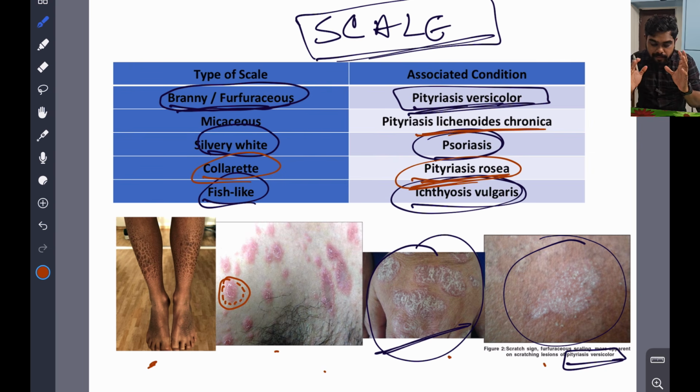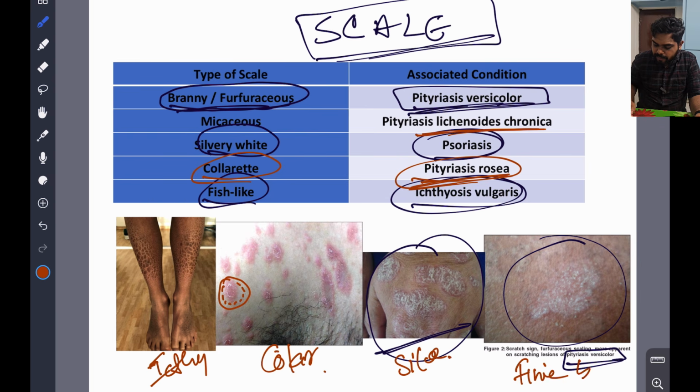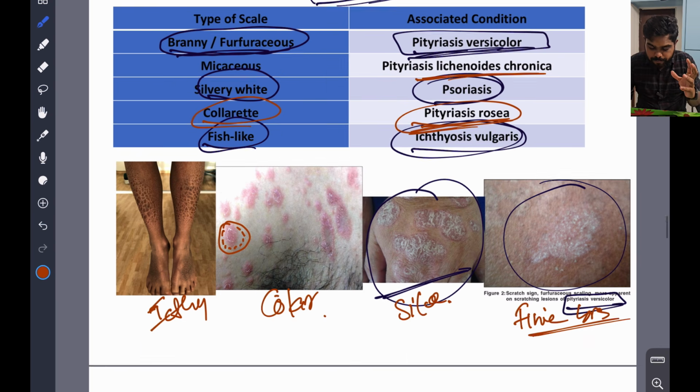So fine branny scales are seen in pityriasis versicolor, silvery white in psoriasis, collarette scale in pityriasis rosea, and fish-like in ichthyosis vulgaris. This is very important. This is ichthyosis, this is the collarette scale, this is the silver scale, and this is the fine branny scales in pityriasis versicolor. So this is also very important. Just summarize, there will be one easy question somewhere in your exam.